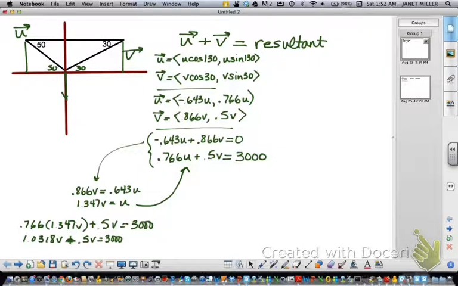And I'm sure you guys can handle the rest of this. I end up here with v equals 1958.48. Plug this back in to get u, and that turns out to be 2638.07. Hope this helps. If you need help with anything else, please let me know.